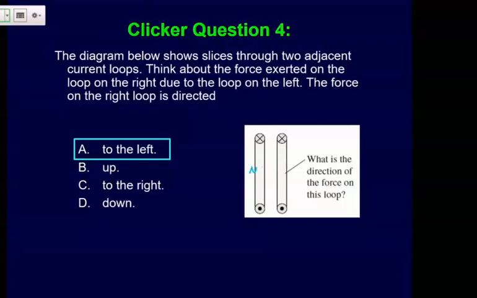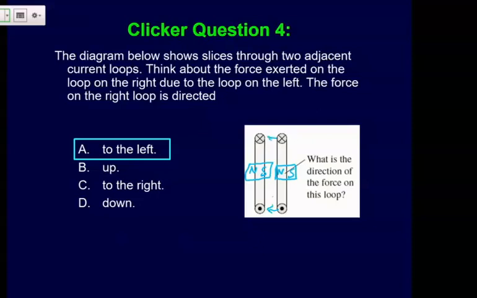If I look at these two loops, I get a north and a south for this one, and the same picture for this one, because they're in the same direction. So if you've got a south and a north next to each other, that's going to be attractive. Therefore, the force on this one will be to the left, attracted by that other magnet.